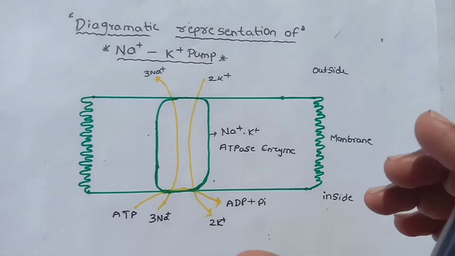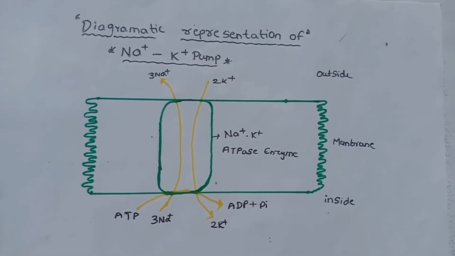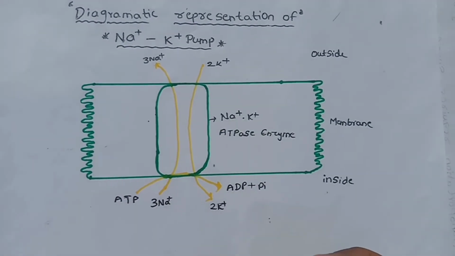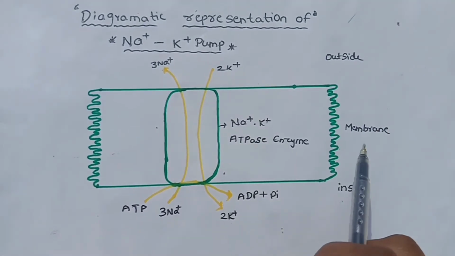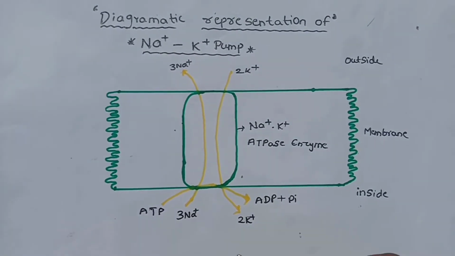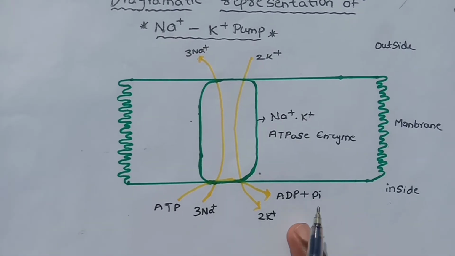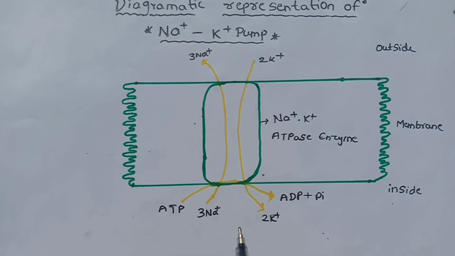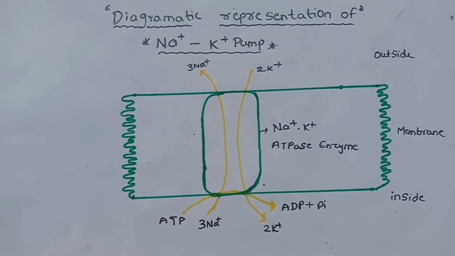The sodium and potassium gradients across the plasma membrane are needed for the transmission of nerve impulses. The sodium potassium pump is responsible for the maintenance of a high potassium concentration and a low sodium concentration.